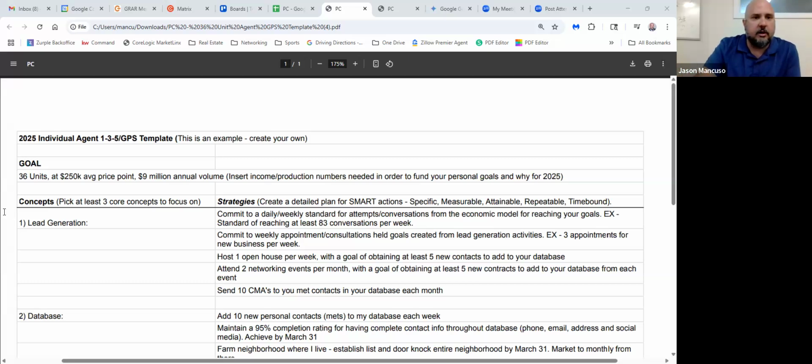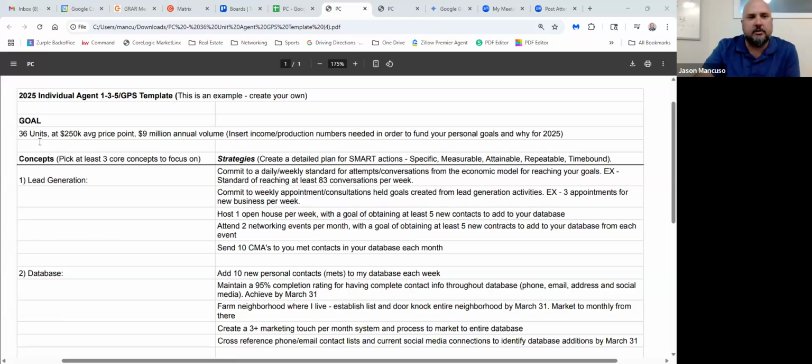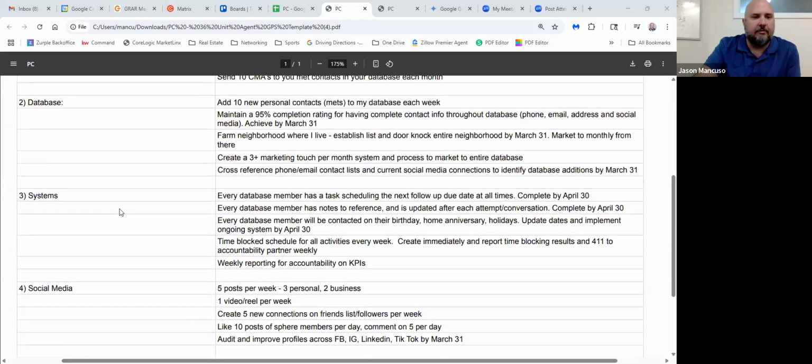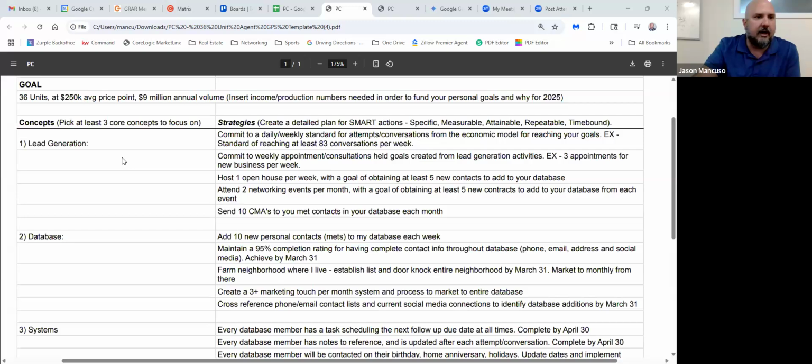But here's a business plan for an agent that wants to sell 36 units at a $250,000 average price point, so 9 million in annual volume for 2025. So here's a concept. I actually did a 155 with this. I gave you 5 options for concepts.